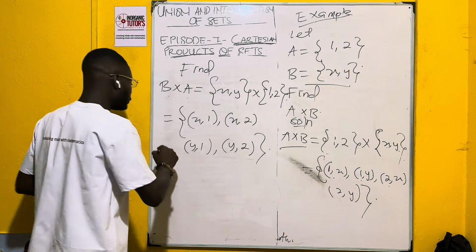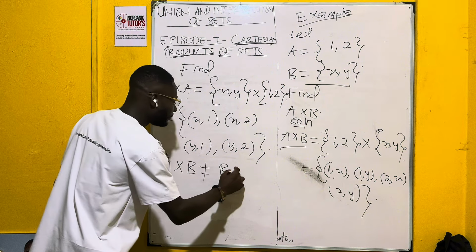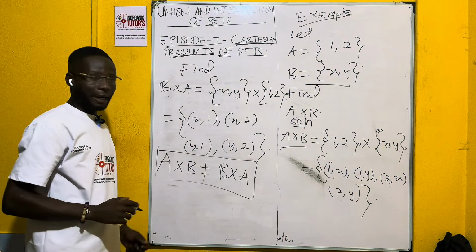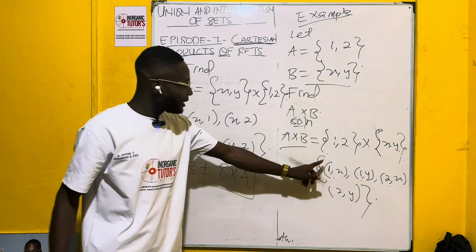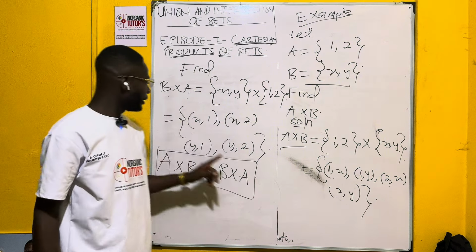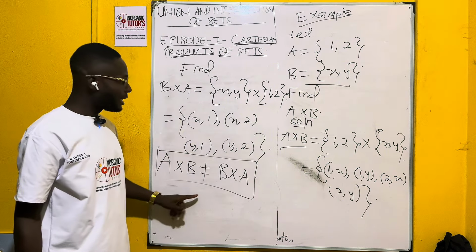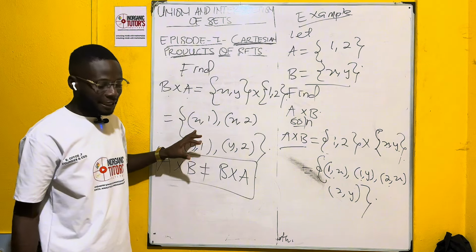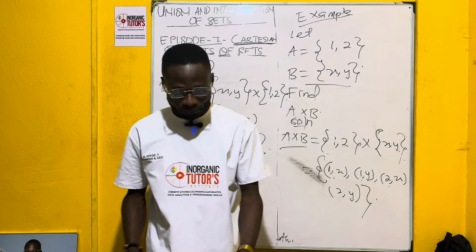So from this example, we can clearly see that A cross B is not the same as B cross A, and that this example confirms that.